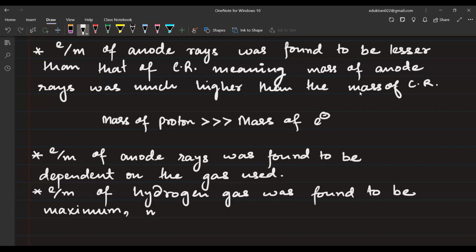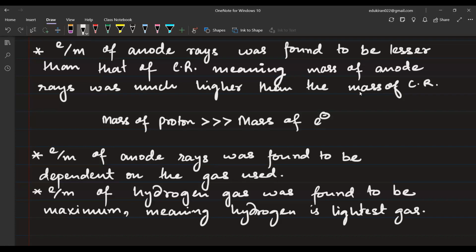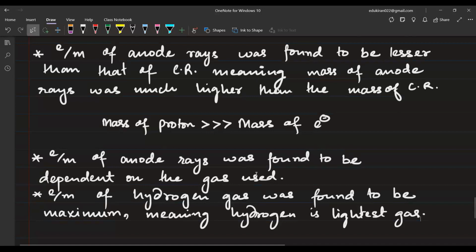Meaning, hydrogen is the lightest gas. Almost similar things as that of cathode rays. It's just that some observations were different.